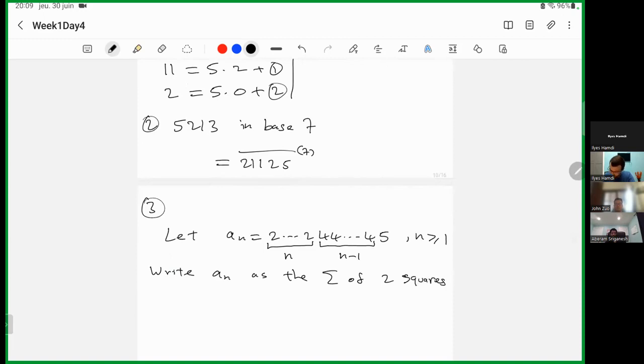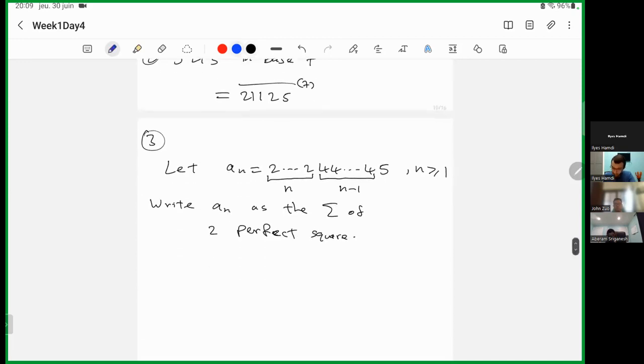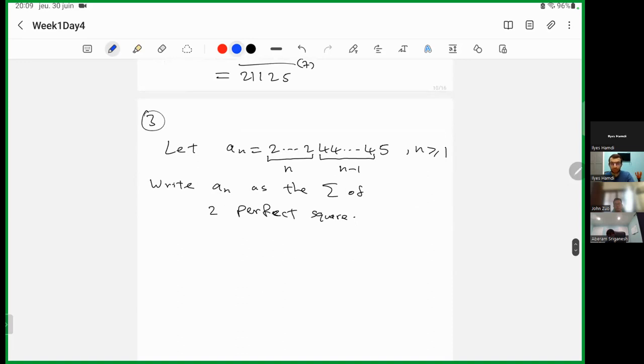When I say 2 squares, I mean 2 perfect squares, integers, of course. Okay, so let's do this. First, I need to understand what this number an is. Once I've understood how I can express it, probably it's going to be easy to prove that this is just the sum of 2 perfect squares.